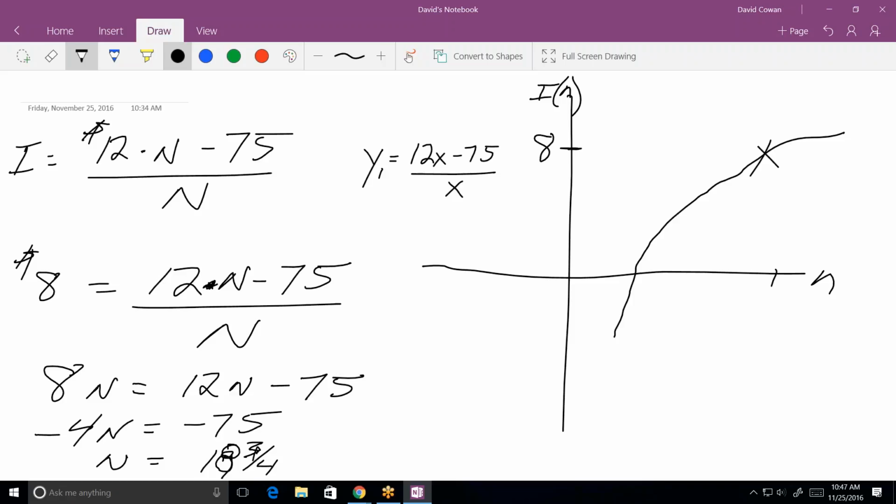So we figured out that was 18 3/4, in other words, the coordinates on that point are 18 3/4, comma 8. So I guess the answer to their question is 19, since they said approximate it from the graph.